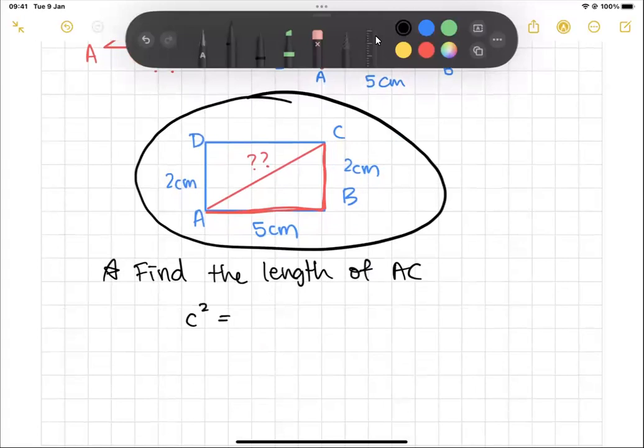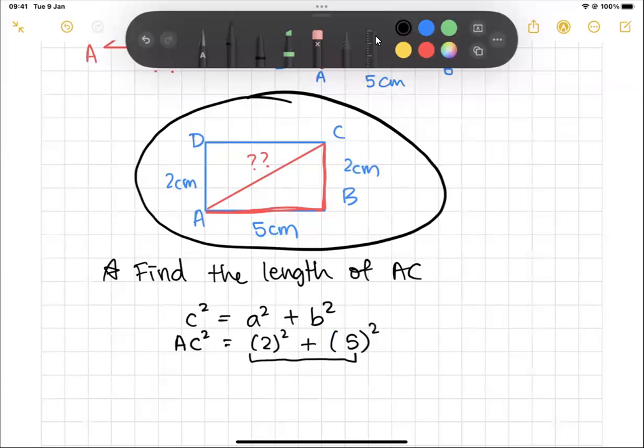Let's write our formula down: c squared equals a squared plus b squared. My AC length will be my hypotenuse. So I substitute: AC squared equals a, which is 2 squared, plus b, which is 5 squared.